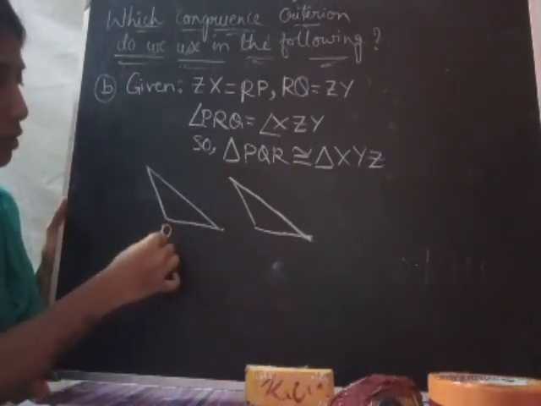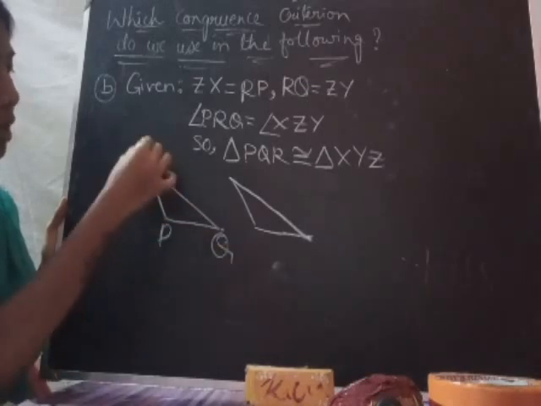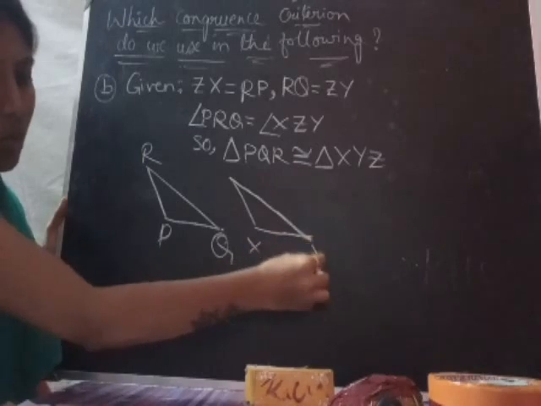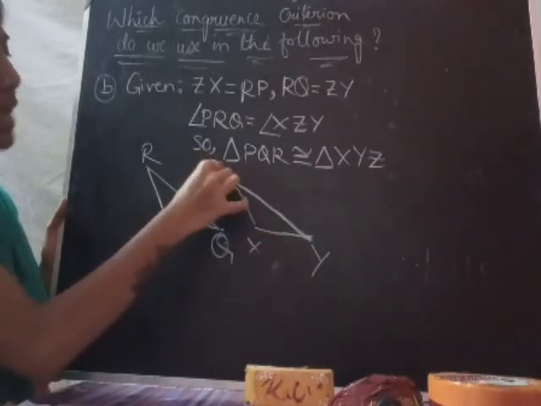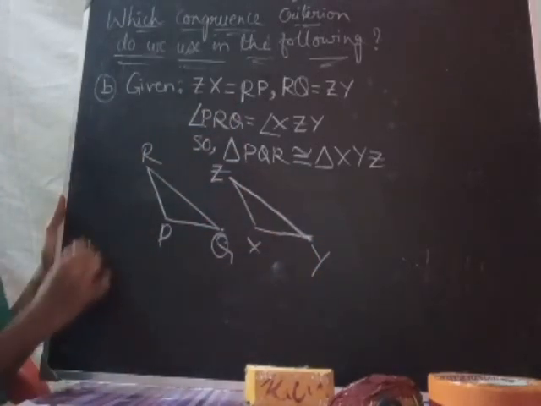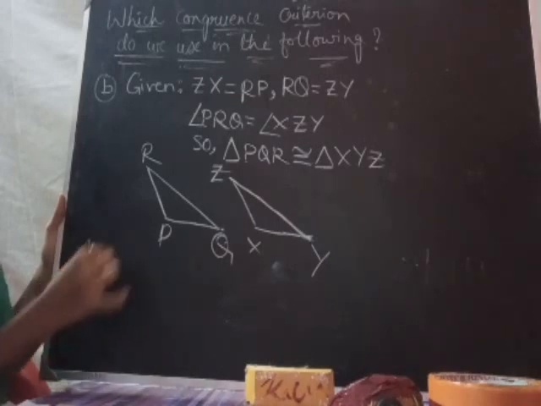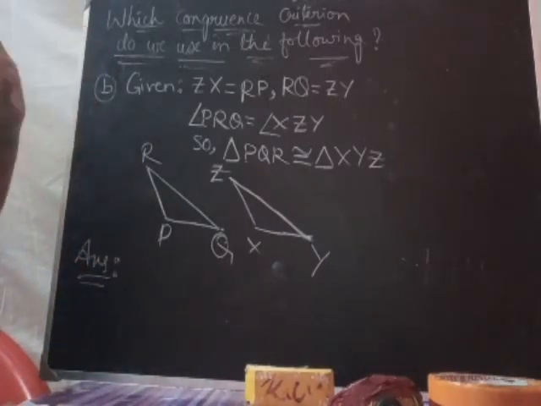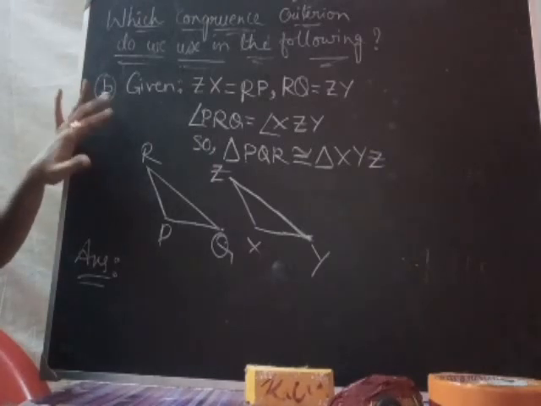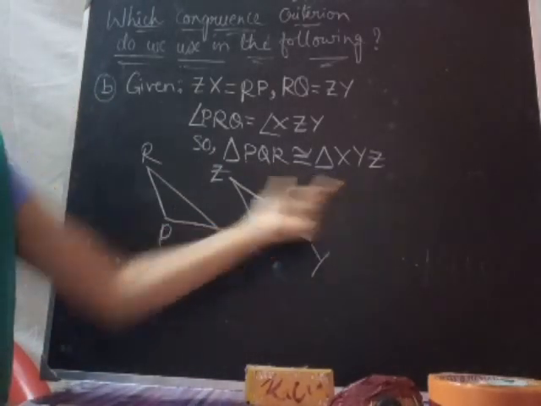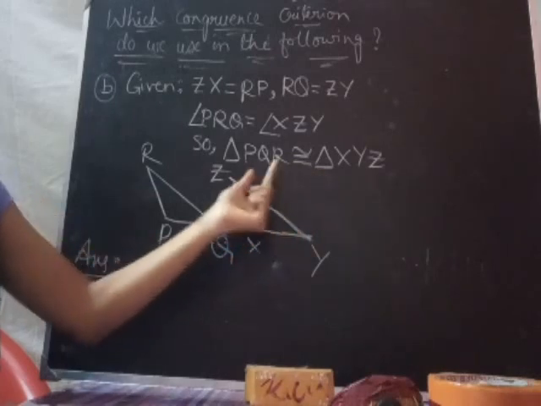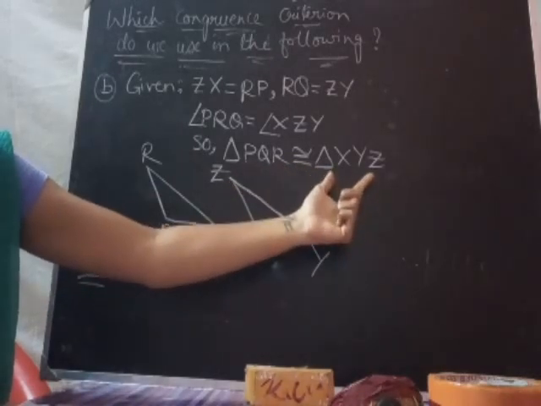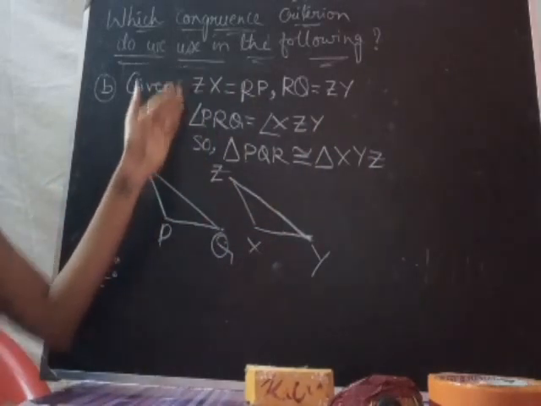P, Q, R, X, Y, Z. Here we have to find the congruence criterion used to say triangle PQR is congruent to triangle XYZ using these conditions.